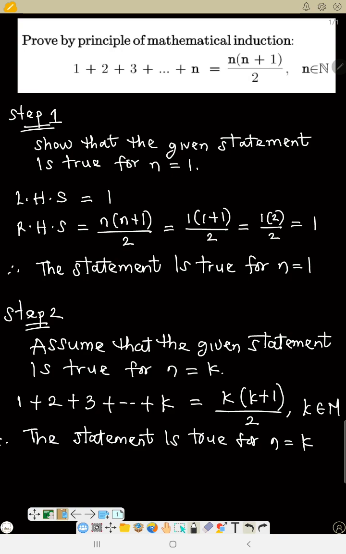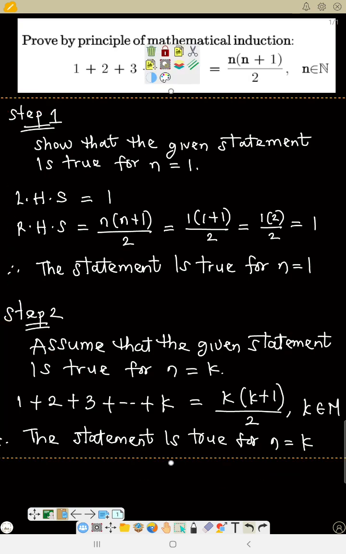So now it remains step 3. It's step 3 that usually takes some kind of manipulation to achieve. Now step 1 and step 2 are very easy. So let's see step 3 now. So you can write it down.